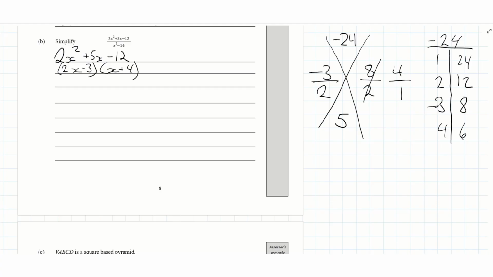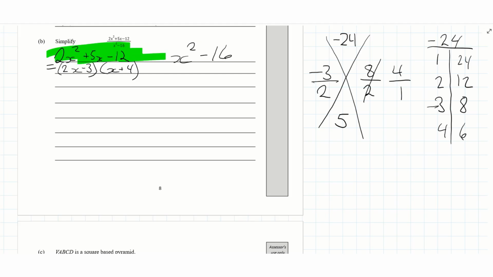So we have successfully factorized the top portion of that fraction. Now we're going to factorize the other portion. We've got x squared minus 16. Now the thing that some people forget with all this is it feels a little bit confusing because this quadratic right here has 3 terms, right?